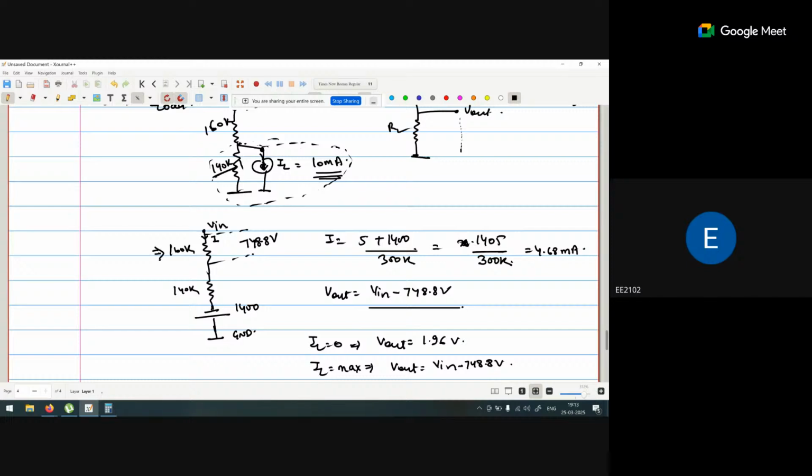Okay, 748. So the difference in the output voltage, what is the difference?